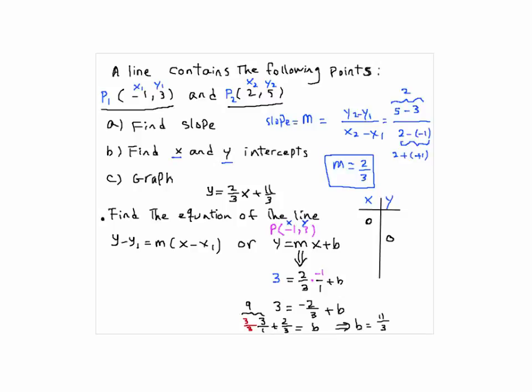Whereas if you use this formula here, then you have to treat any of those 2 points as point 1. Let's use the same point here. Now this time this would be x1 and this would be y1, and that's what you have to substitute here. So you have y minus your y1 would be 3.